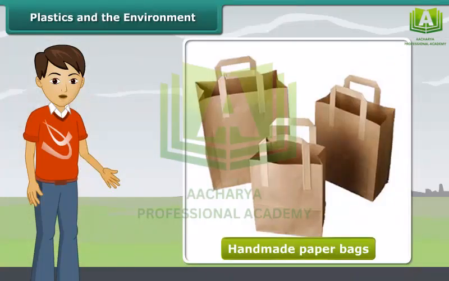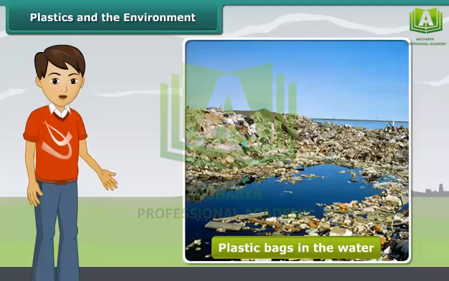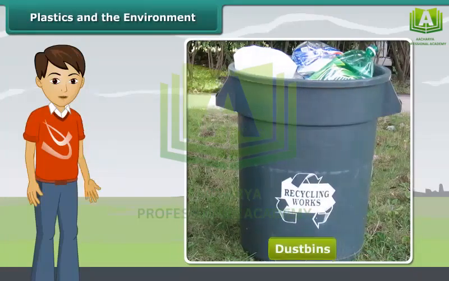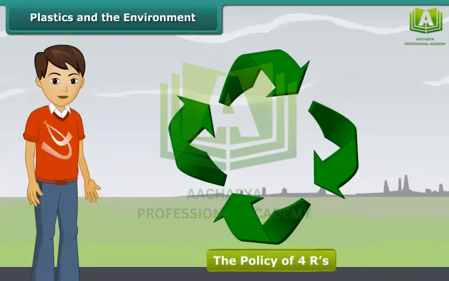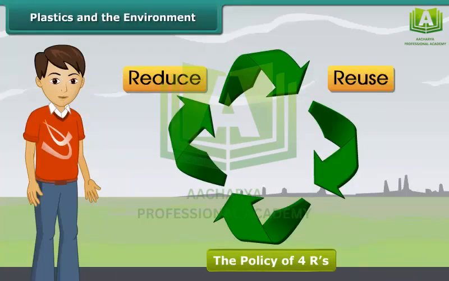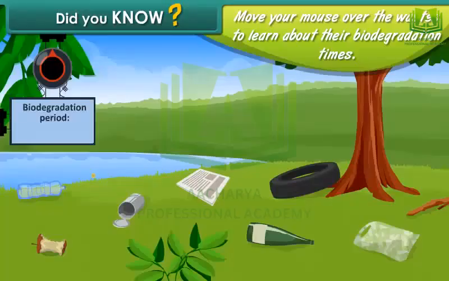Instead of littering everywhere, particularly on roads, we should put the plastic objects in the dustbins marked as non-biodegradable, thus segregating them from the biodegradable wastes. Sell plastic scraps to the scrap dealer for recycling. Adopt the policy of 4 Rs, which is reduce, reuse, recycle, and recover. Click the object to see actual period of decomposition.